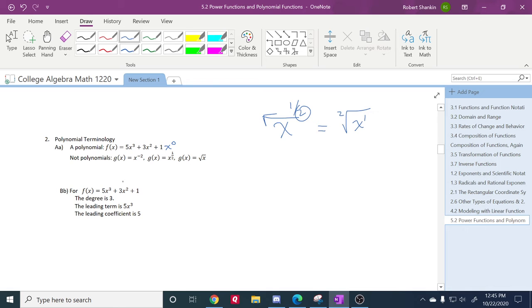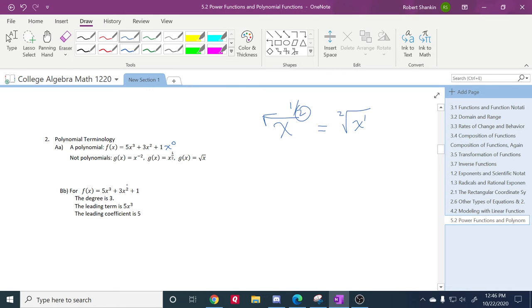All right, so on part B, we say the degree of a polynomial is the highest power of the variable. So this one has degree 3. The leading term is the first term you see if it's in what we call descending powers of x. If the highest power of x is the first term and the next highest is the second term, that's a good ordering.